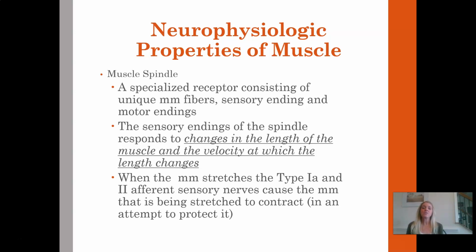So when the muscle stretches, type 1A and type 2 afferent sensory nerves are going to cause the muscle that is being stretched to contract. It's a safety mechanism, basically. It's going to protect that muscle from being overly stretched or stretched too far or too quickly so that no damage can occur.